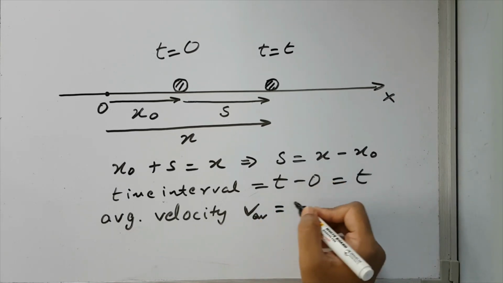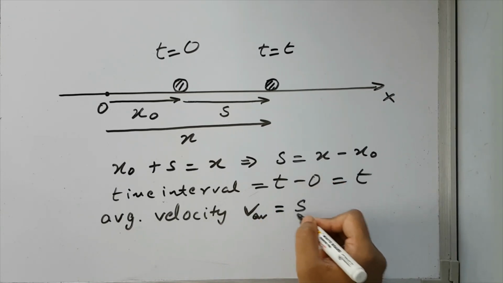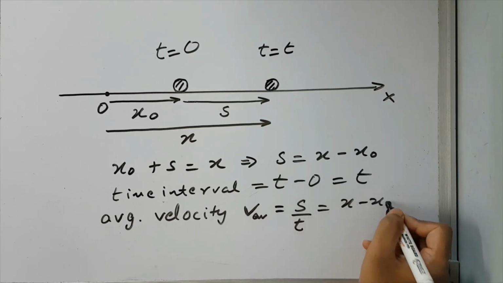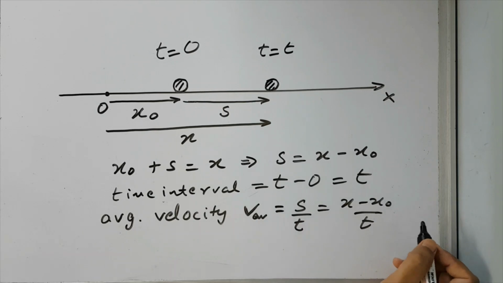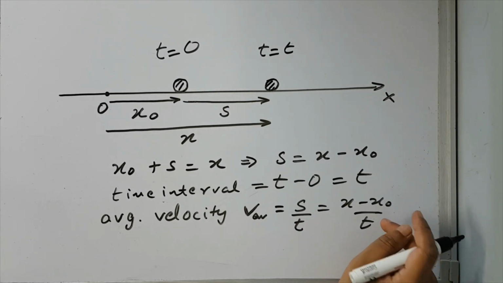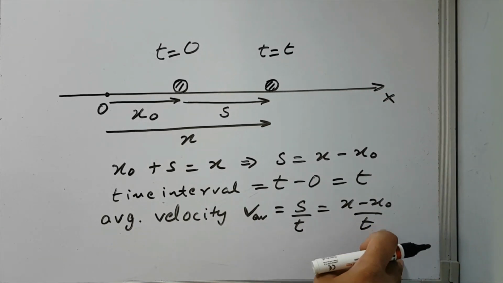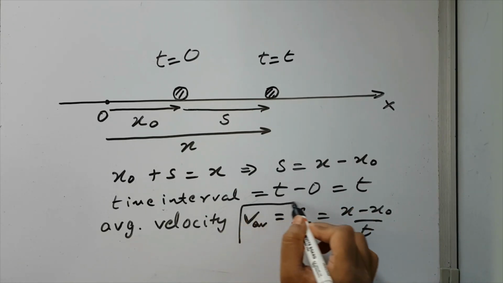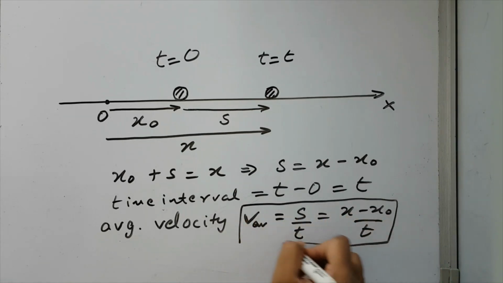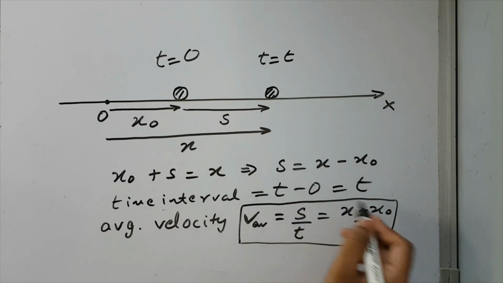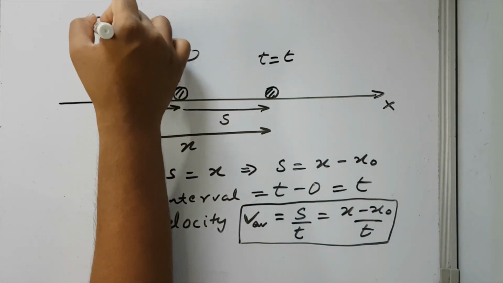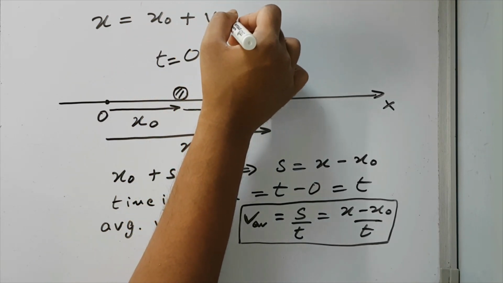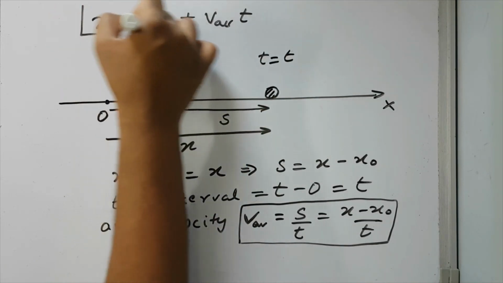Average velocity would be by definition displacement by time, so that would be x minus x naught by time. From here you will get another very good equation. If you know the average velocity, then just by rearranging this, you will get x is equal to x naught plus v average into time.